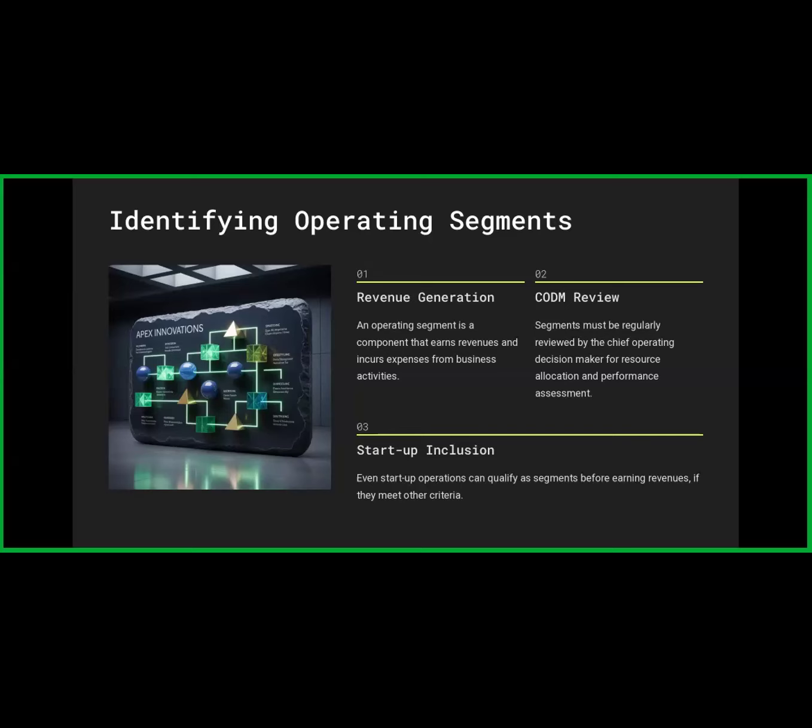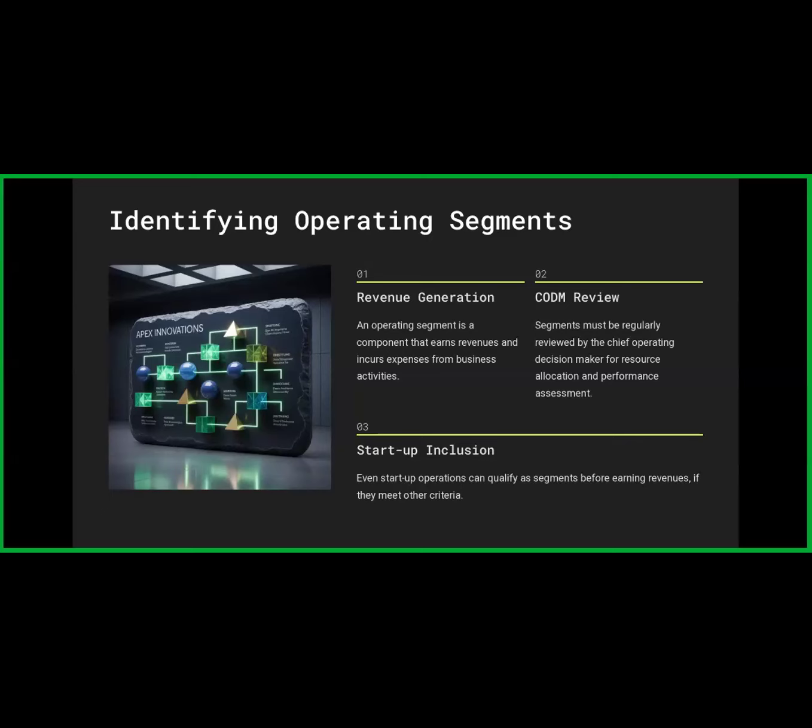Only if these two things are fulfilled by any component or process in the company, that is revenue earning and expenses incurred, then and only then do we call that segment an operating segment.